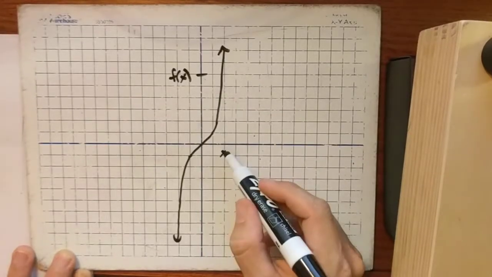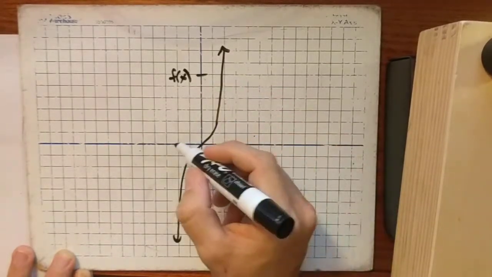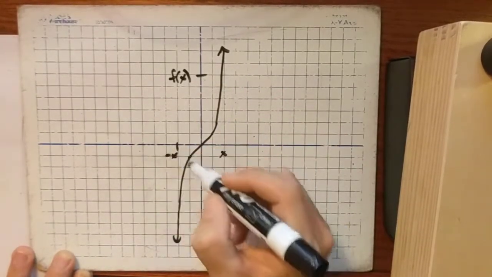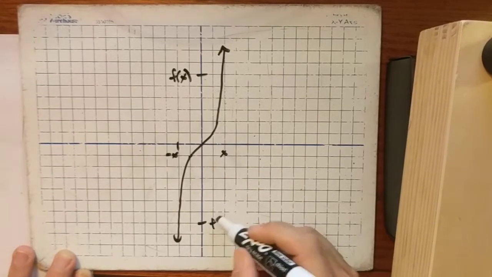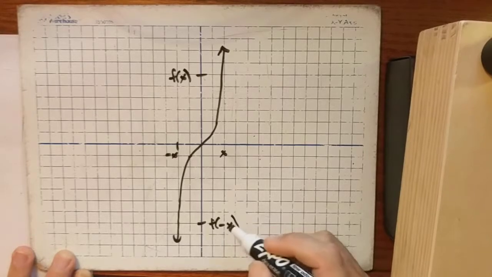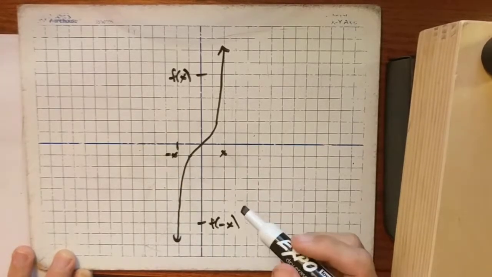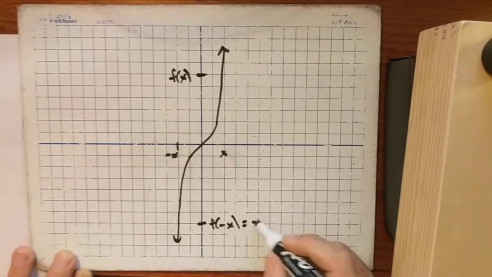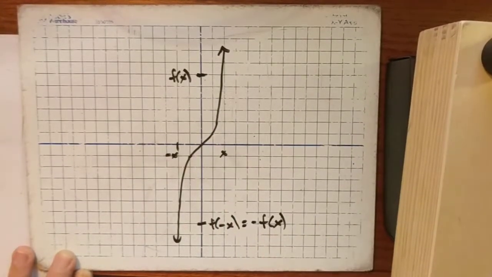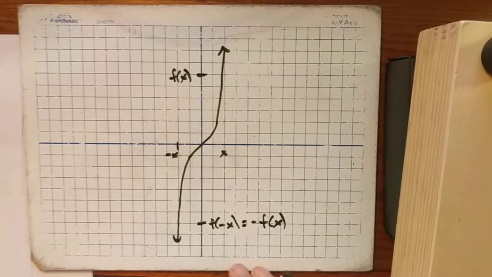Whatever x value, you get a y value. Well, if you put in the opposite of that x, you get the y value for that, but it's also the exact opposite of this. So that's another way of thinking about it.